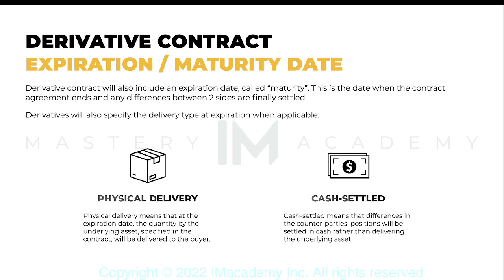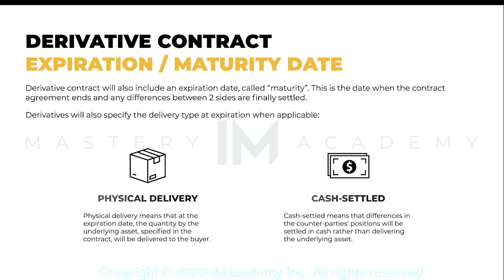Alternatively to physical delivery, many derivatives permit cash settlement, as you can see on the right side of the screen. Cash settled means that the differences in any long or short positions will be simply settled in cash rather than delivering the underlying asset physically.